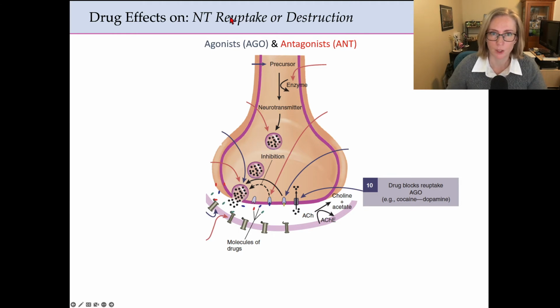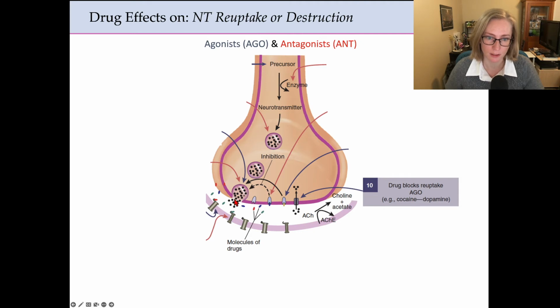All right. When it comes to reuptake or destruction, I guess I'm jumping to the fourth area. One we talked about was SSRIs. This is another one related to dopamine. So cocaine, right? Let's say dopamine is in your vesicles here.